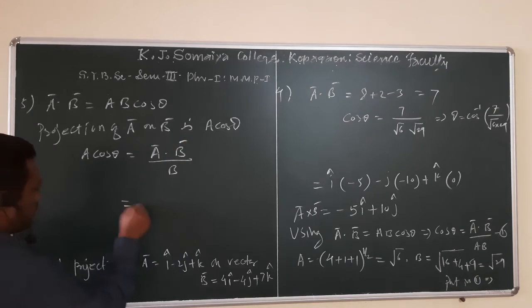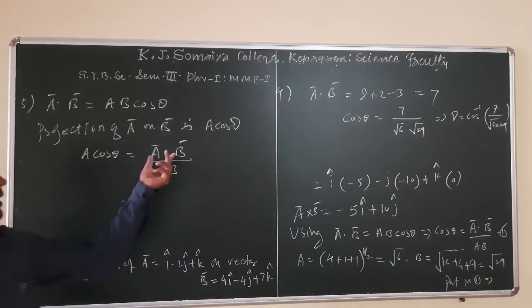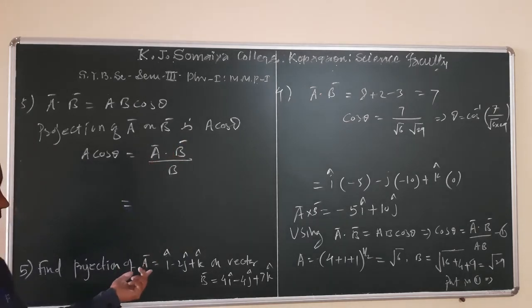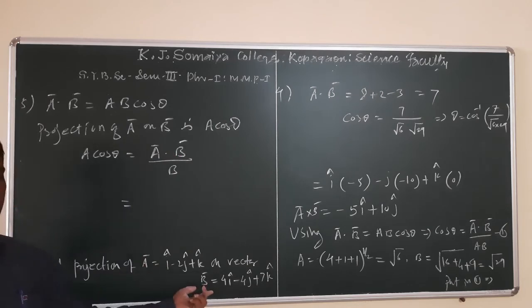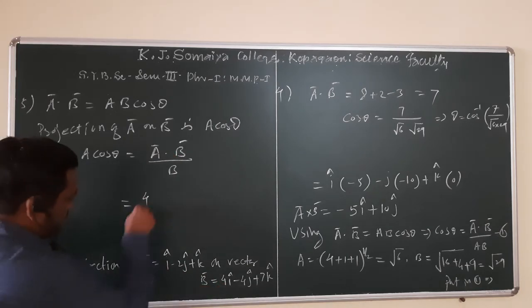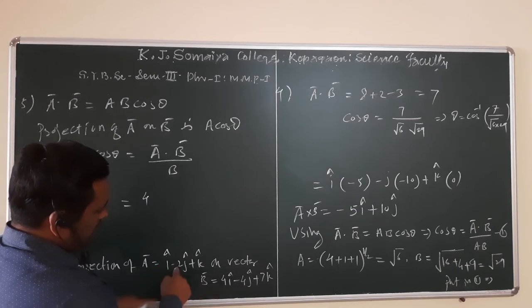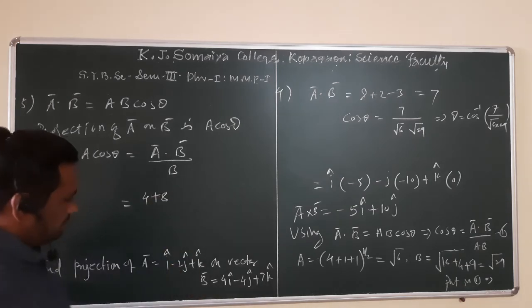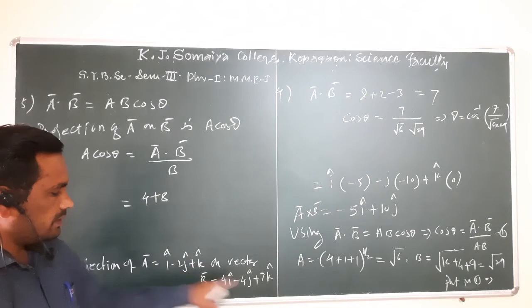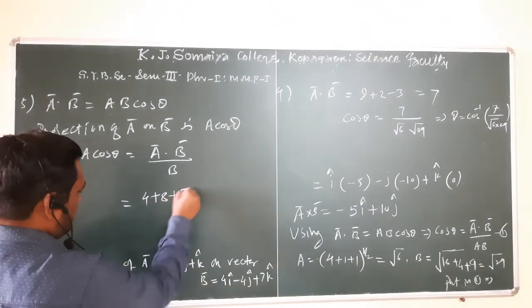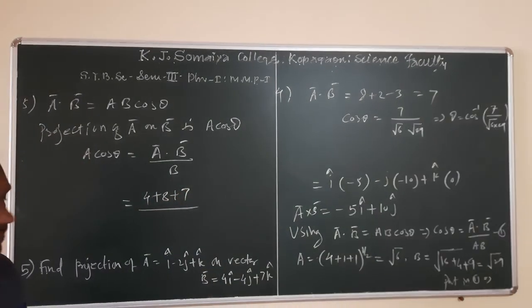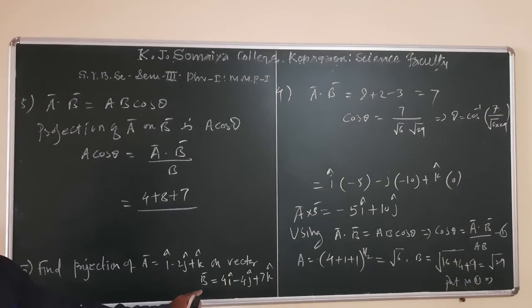So this is equal to vector A dot B. We know vector A is this and vector B is this. Their dot product: 1 into 4, which is 4. Okay. Minus minus plus 4 into 2, which is 8. Okay. And plus 7 into 1, which is 7, divided by the magnitude of vector B.